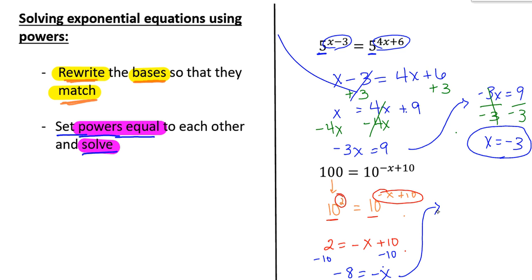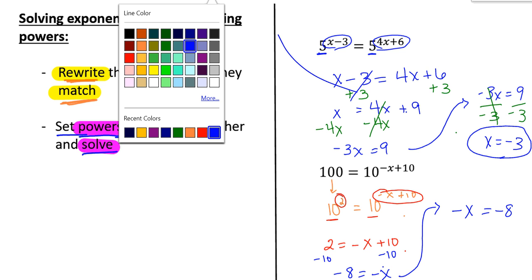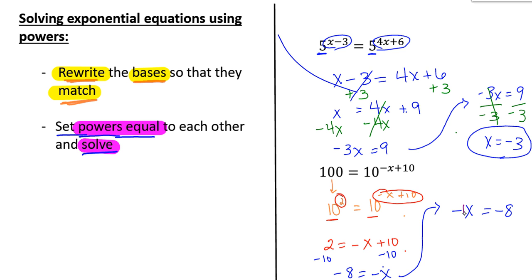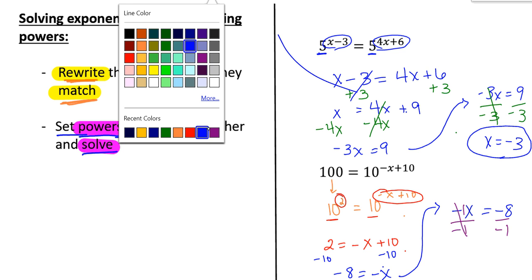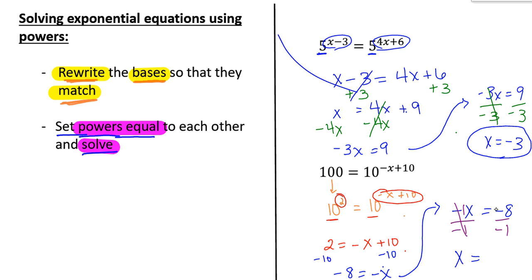I prefer to have my x on the left side, so I'm going to rewrite it as negative x equals negative 8. Now, I don't know what kind of tricks you were taught to deal with this, but technically that's a negative 1. So I'm going to divide by negative 1. You have to do that because x has got to be positive. So x equals negative 8 divided by negative 1 is positive 8.